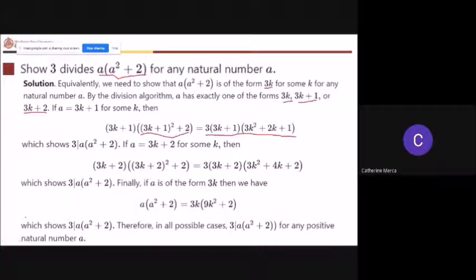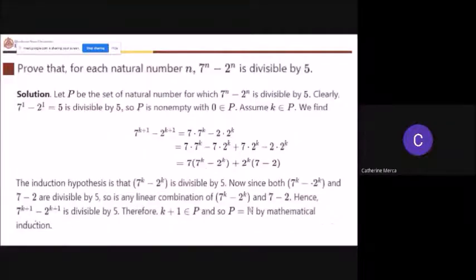Okay? Sige. Prove that for each natural number n, 7 to the n minus 2 to the n is divisible by 5. So, if we need this to be divisible by 5, then it should be a factor of 5. Diba?